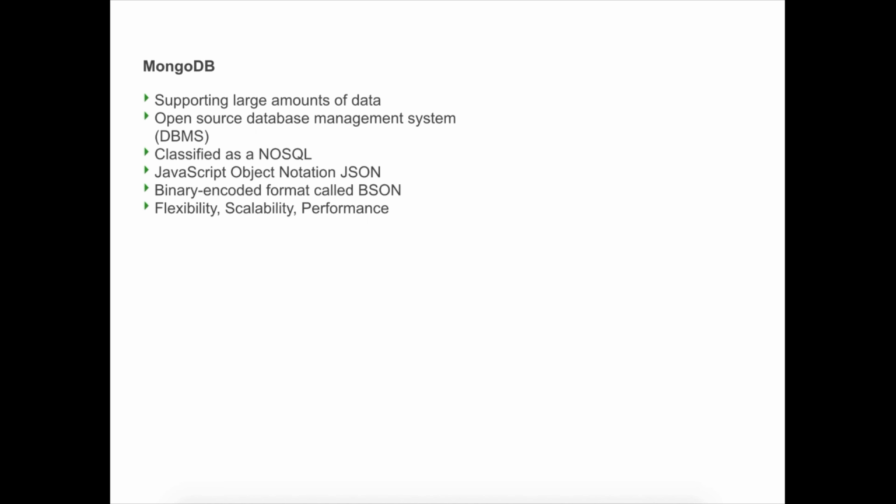Let's take a look at a relational database and how the difference it has compared to MongoDB. So first, before we take a look at any relational database, let's take a look at the terminology that MongoDB uses. So MongoDB is still referred to as a database.